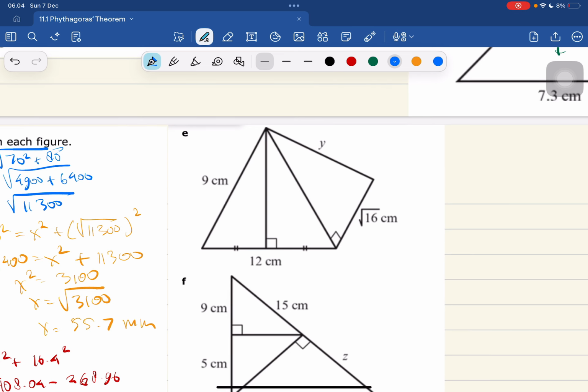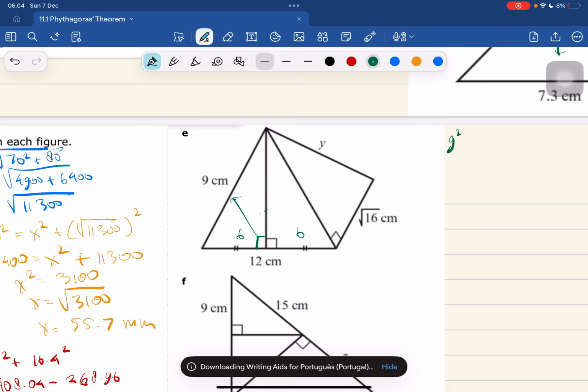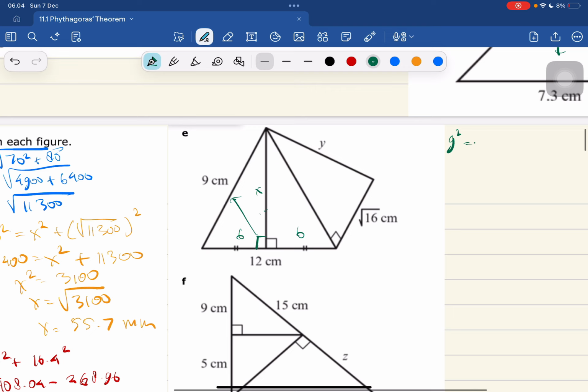Next question. So this is 6, and 6. Let's find this side, this hypotenuse. So 9 squared equals x squared plus 6 squared. So x squared equals 9 squared, which is 81, minus 6 squared, which is 36.